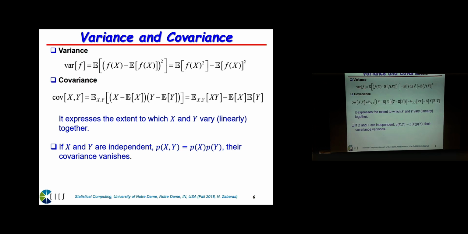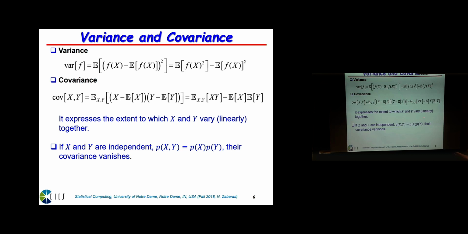You may ask me now, what does this covariance between two random variables x and y capture? As we will see today, and in one more lecture, it basically tries to model how x and y vary with each other linearly.